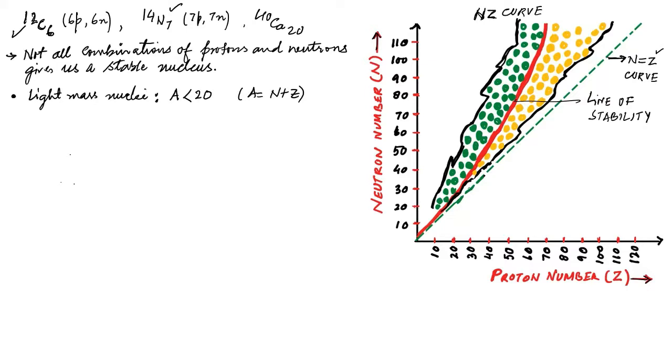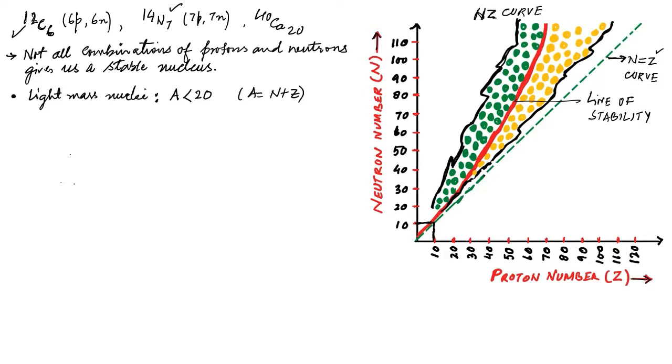If the number of neutrons is 10, and you draw a line, it cuts here, and the number of protons is also 10.